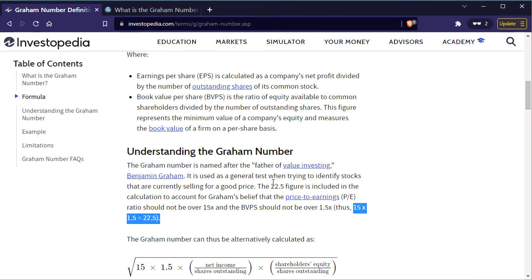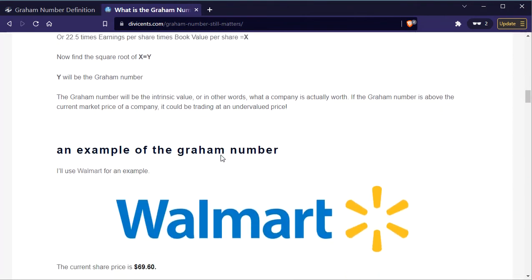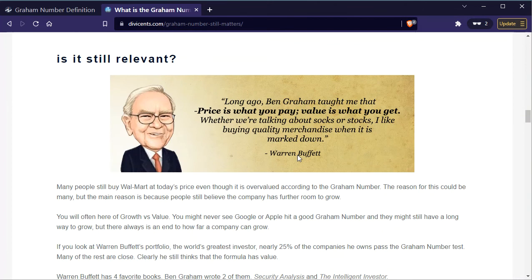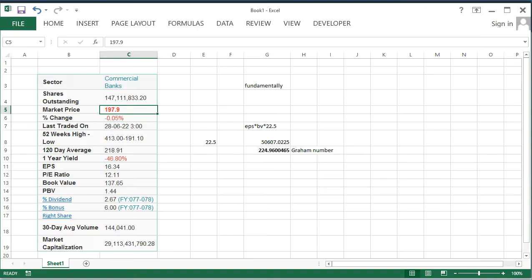Which was the website? Okay, this one. This is what Warren Buffett is saying over here: price is what you pay, value is what you get. So the book value is this one, 137, which is below the market price, but this Graham number is considered the so-called value.